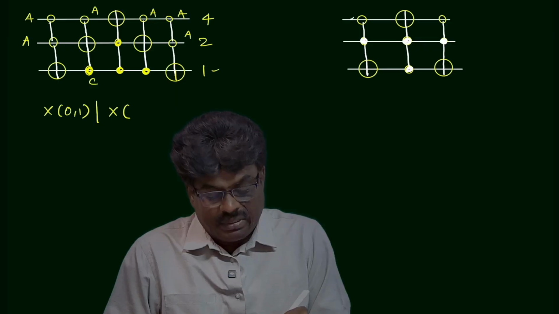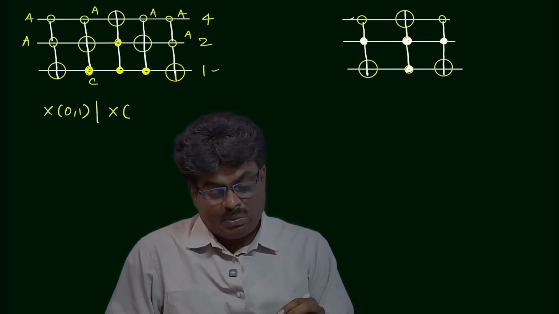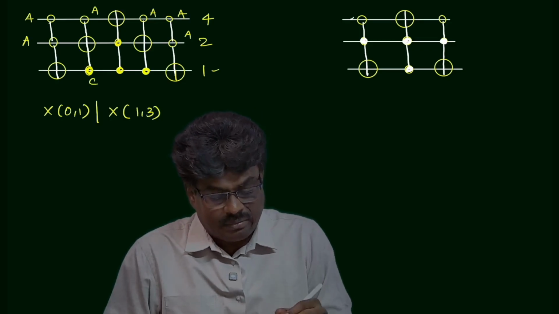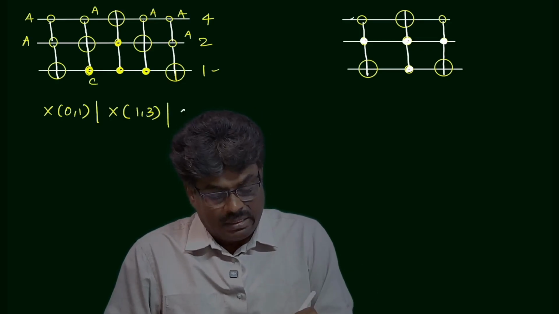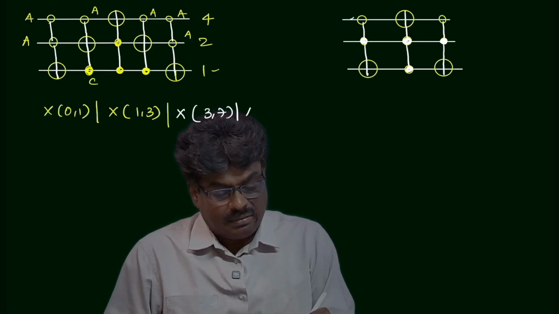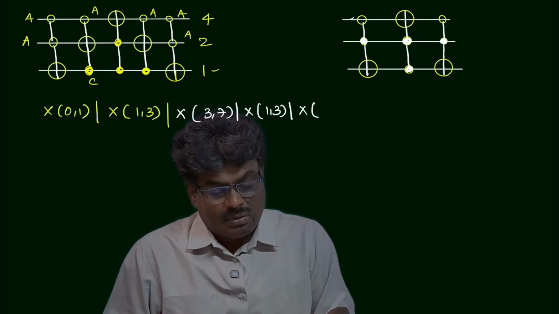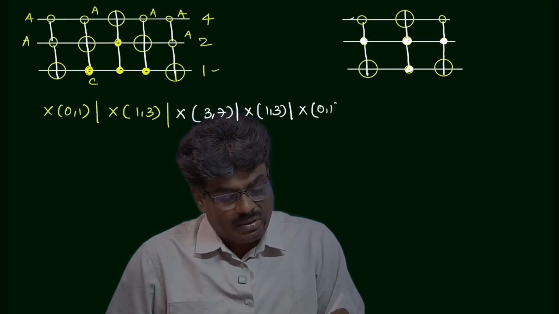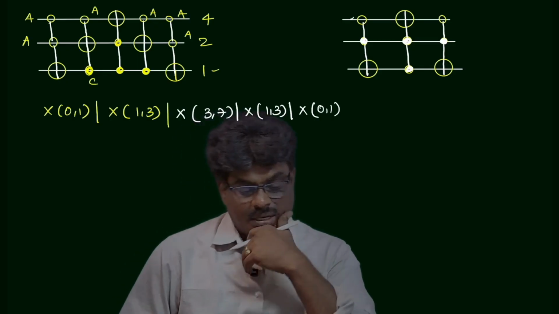After that one control is there, that is 1. It is coming from 1 to 2, that's why 1 comma 3. Next x, two controls are there, 3 comma 7. One control is there, 1 comma 3. Both are anti-control, that's why 0 comma 1. Now let us see.